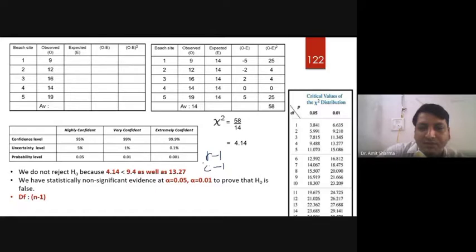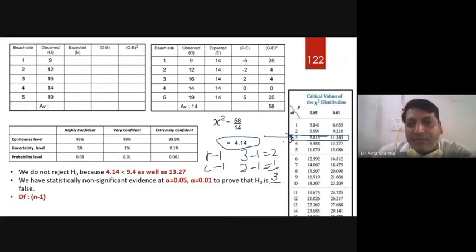So if your r is, for example, 3 and c is 2, then 3 minus 1 and 2 minus 1 give you 2 and 1, so the total will be 3. At 3 degrees of freedom, you can match how much the value is. If your calculated value is more than the tabulated value, you are able to reject the null hypothesis and your results are significant.